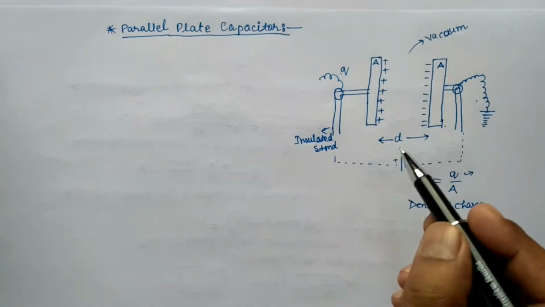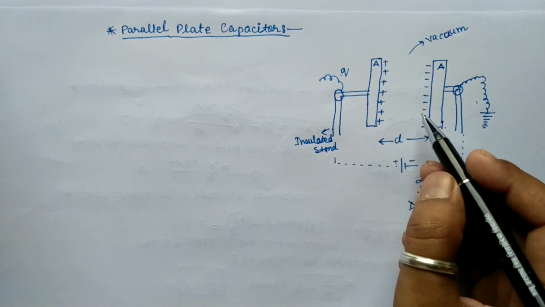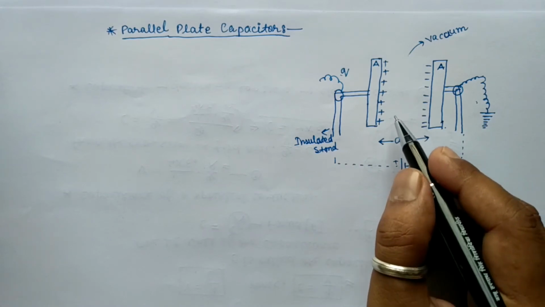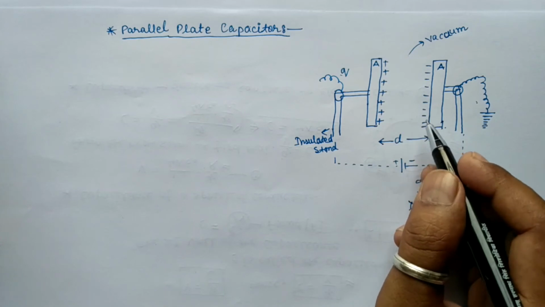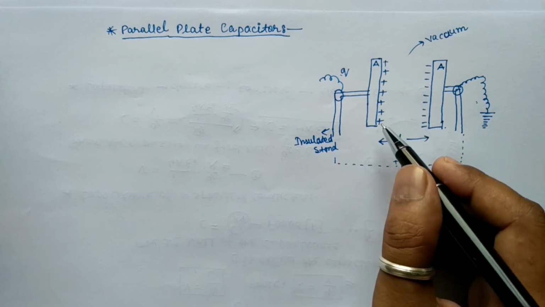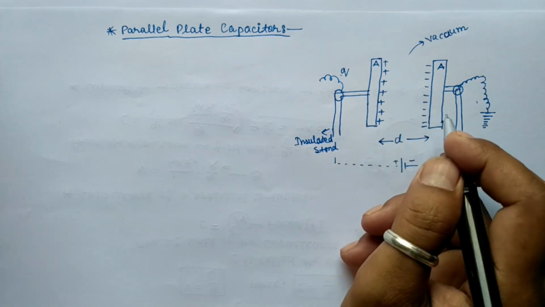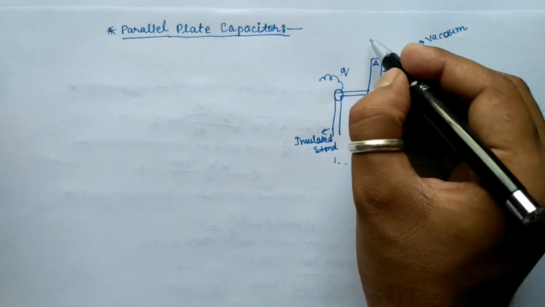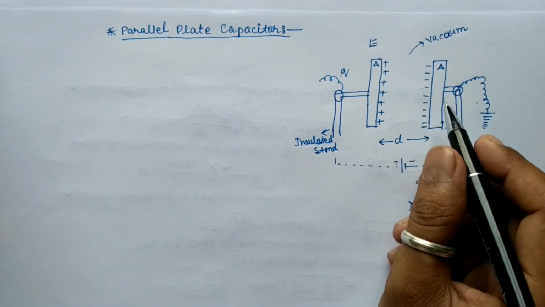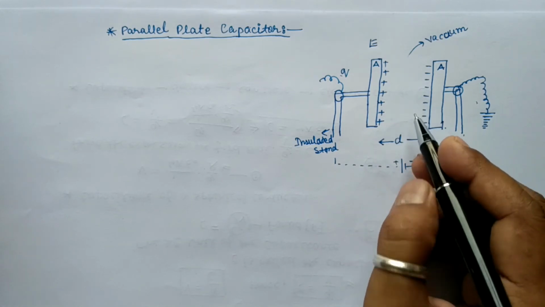If the plates are large as compared to the separation between them, then the electric field between the plates is uniform and perpendicular to the plates except for a small region near the edge, here and here. The magnitude of this uniform field, capital E, may be calculated by using the fact that both positive and negative plates produce the electric field in the same direction.